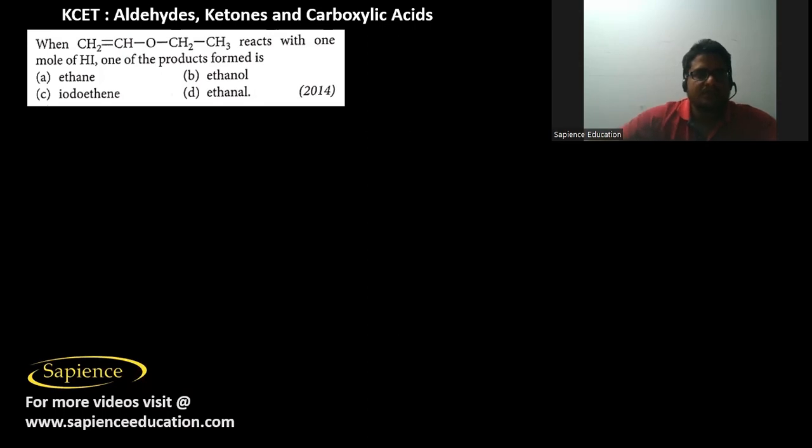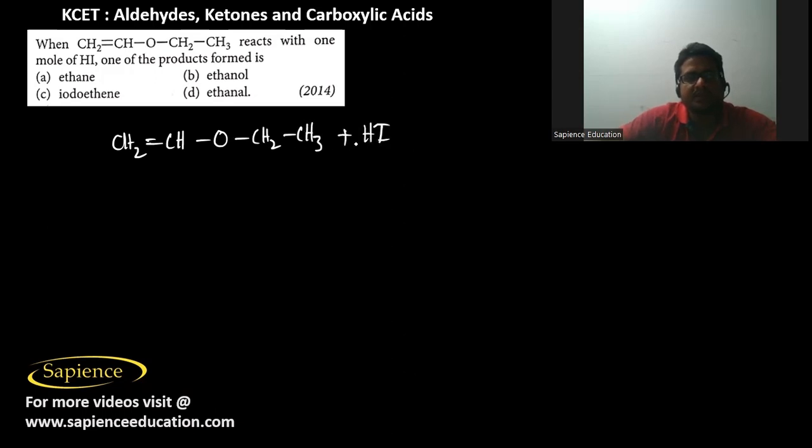Then here it is told, when CH2=CHOCH2CH3 reacts with 1 mole of HI, then one of the products formed is.